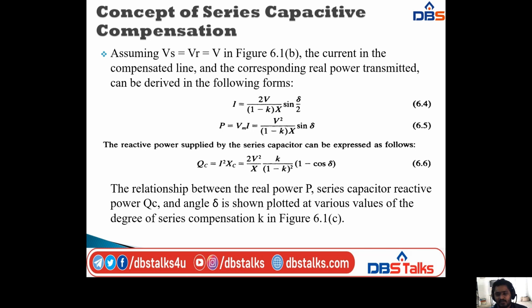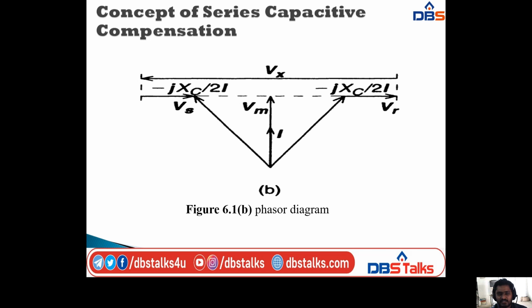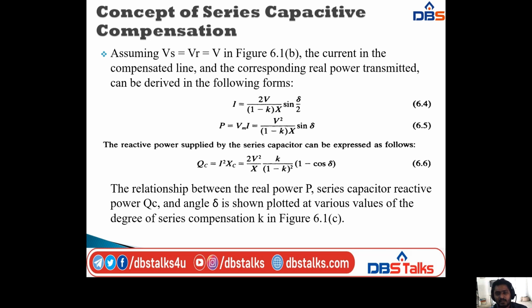Next, here assuming Vs, the sending end voltage, is equal to the receiving end voltage, and that is equal to V. From this diagram, I am assuming the condition Vs is equal to Vr is equal to V, and the current in the compensated line and the corresponding real power transmitted can be derived in the following forms.